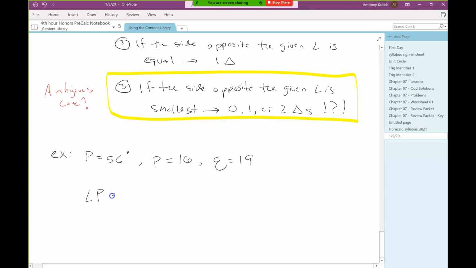So we know angle P is acute. Should have probably written that in red, huh? Since I'm answering the question. See that side P is less than side Q. This is the ambiguous case.